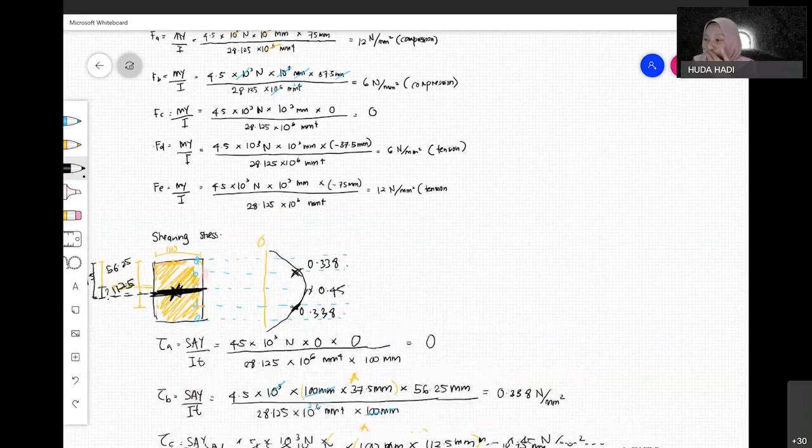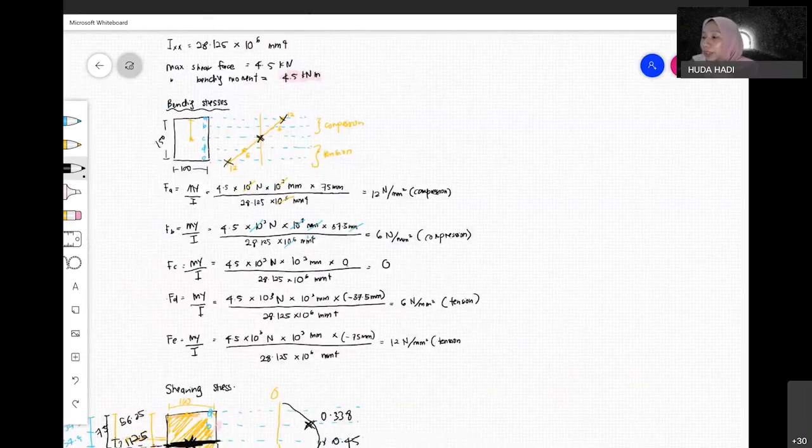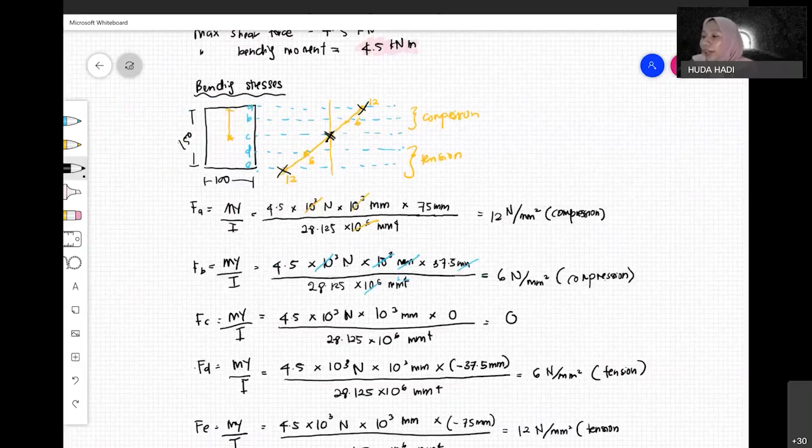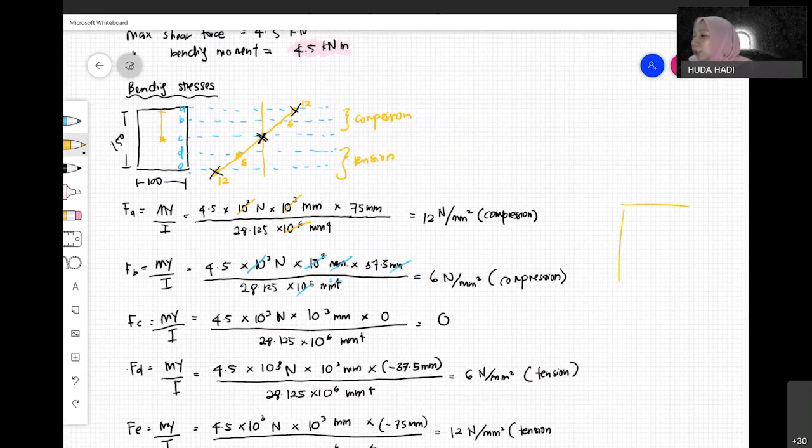reinforcement. Okay, bila you tengok contohnya for bending stress kat sini, you tahu dekat atas ni compression dia very high. So that's why kalau you tengok bila you part 3 nanti you belajar pasal design untuk RC, you akan nampak dia akan letak reinforcement dekat bawah. Ni cross section maksudnya you potong lah. Beam you panjang macam ni you potong, nampaklah rupa macam ni.